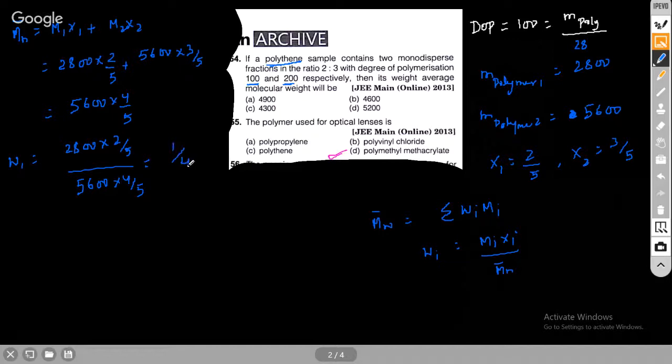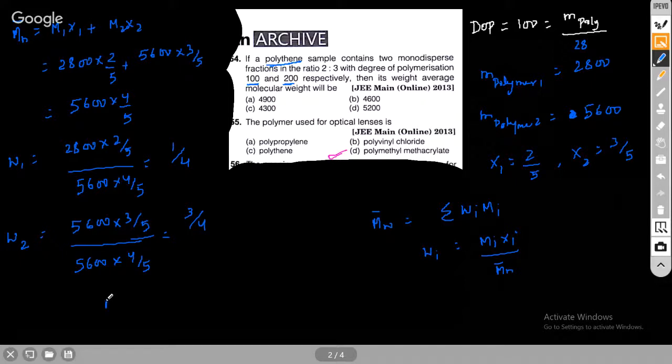Yes or no? Similarly, you calculate W2: 5600 into 3 by 5 divided by 5600 into 4 by 5. When you solve this, you'll get 3 by 4. Right?